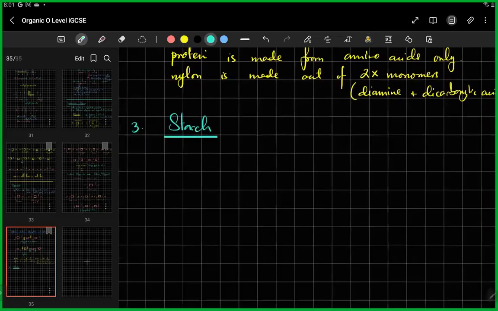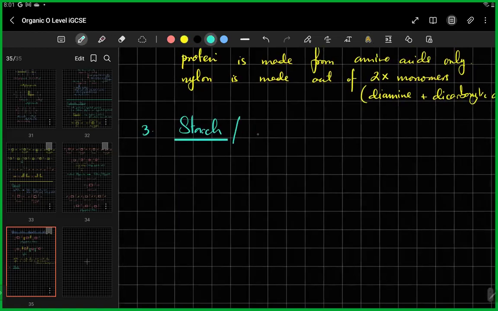Starch is a complex carbohydrate. It is made from glucose. Glucose is a molecule that has OH on both sides, and that's the single monomer.